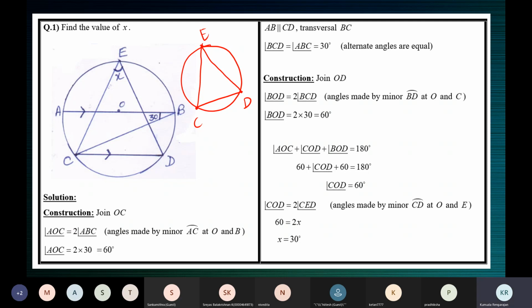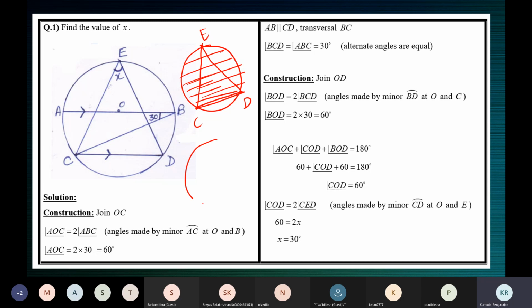When we say angles in the same segment of the circle are equal, the segment we are talking about is the segment made by the same arc and the chord. With respect to chord CD, this is the major segment in which angle CED lies.